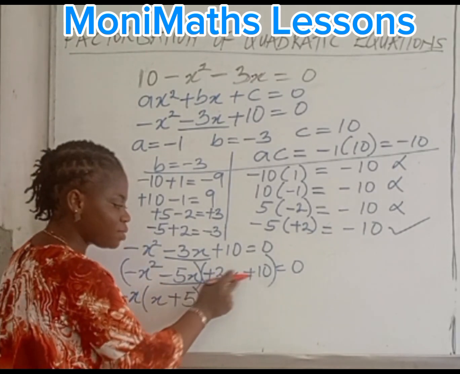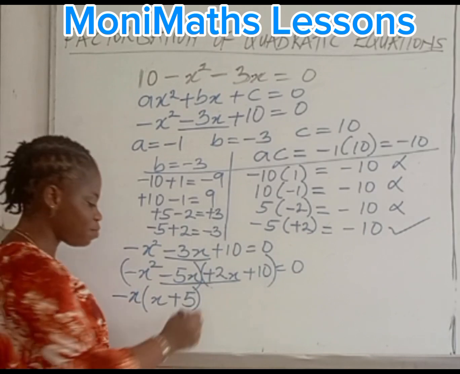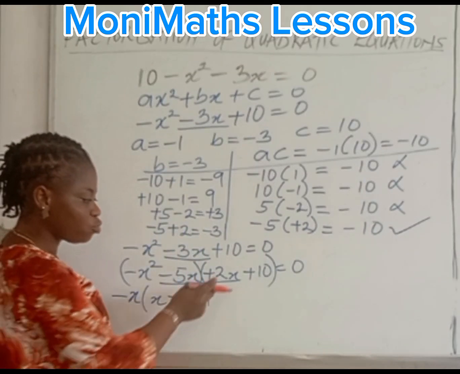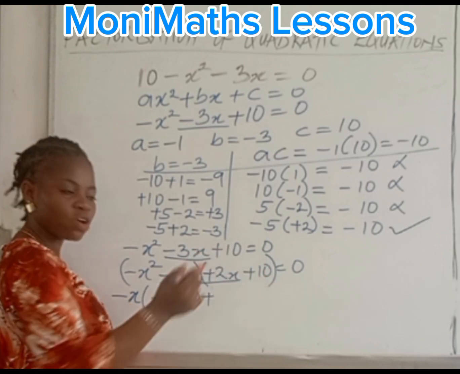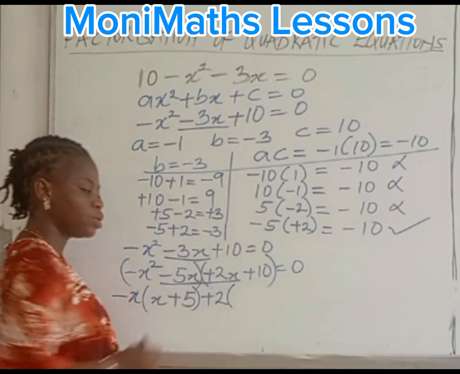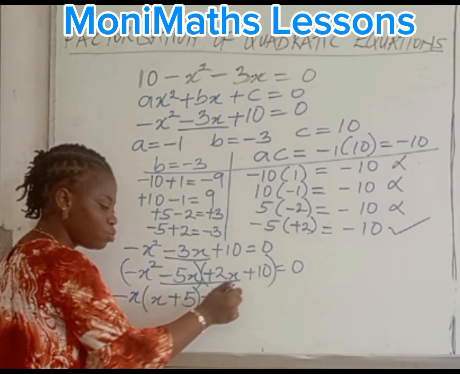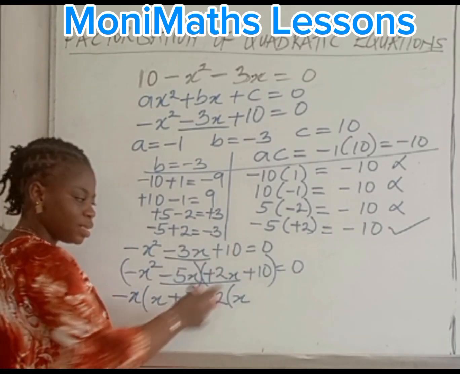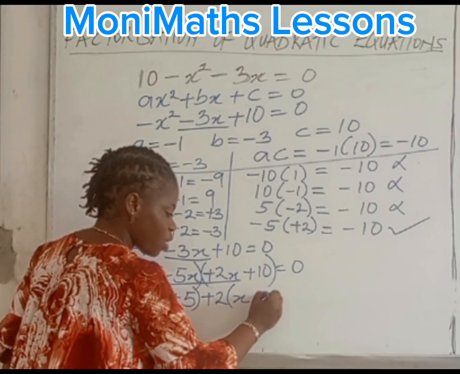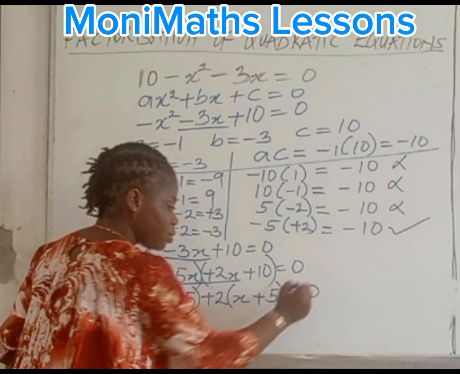The second bracket, common to the second bracket is plus. Plus is common. Then looking at 2x and 10, 2 is common to 2x and 10. So I bring out 2. 2x divided by 2, I'm left with x. 10 divided by plus 2, I'm left with plus 5, equals 0.